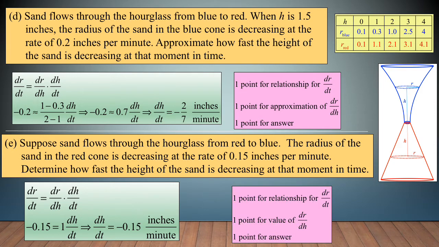Same grading as in D, 1 point for the relationship for dr/dt, 1 point for the value of dr/dh, and 1 point for the answer.